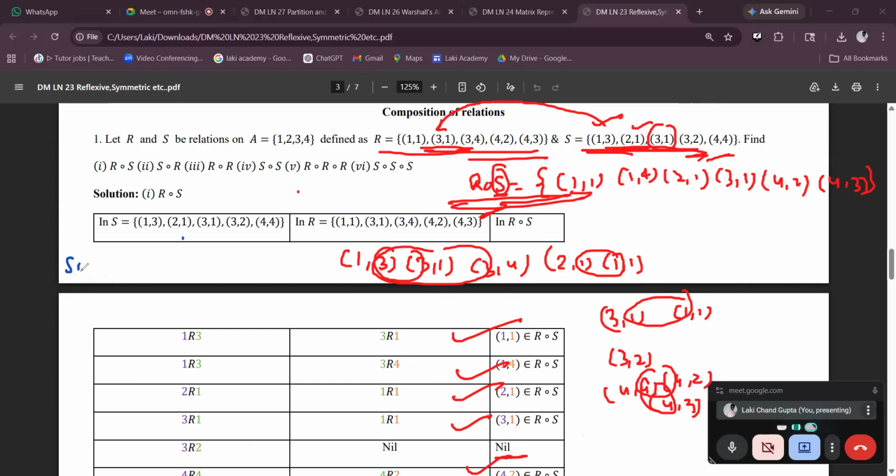If I ask you S of R, first you will check R. R means 1 comma 1, 1 comma 3. So you will get what? 1 comma 3.